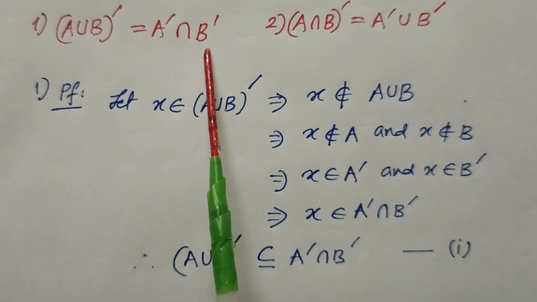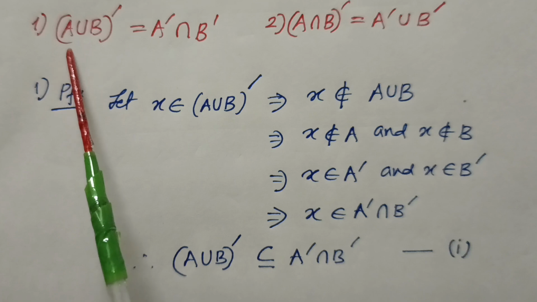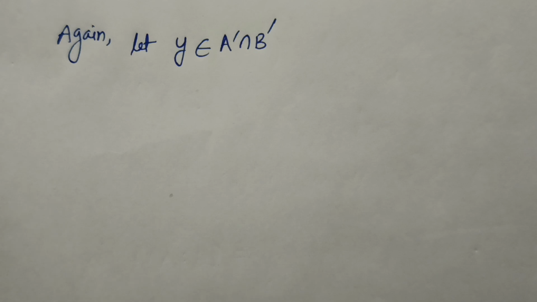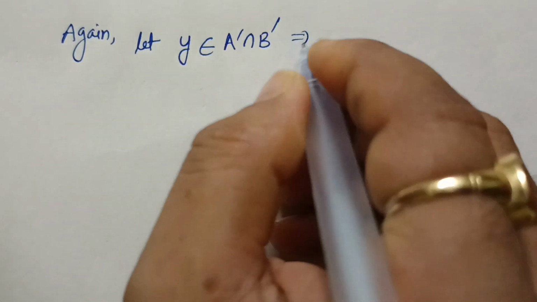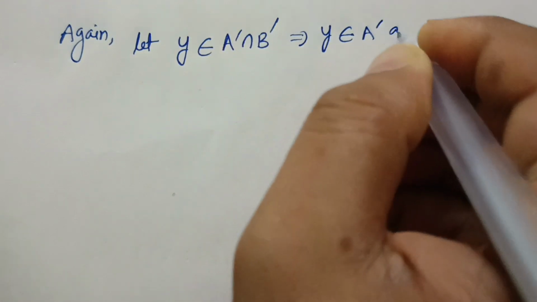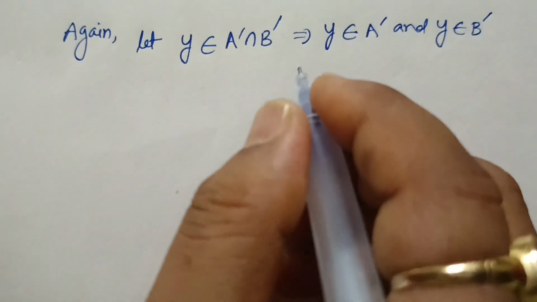Now we will be proving this right hand side is also a subset of the left hand side. Then we can say both the sets are equal. So here we go. This is our beginning. Y belongs to A complement intersection B complement. This is the right hand side, and this implies Y belongs to A complement and Y belongs to B complement.